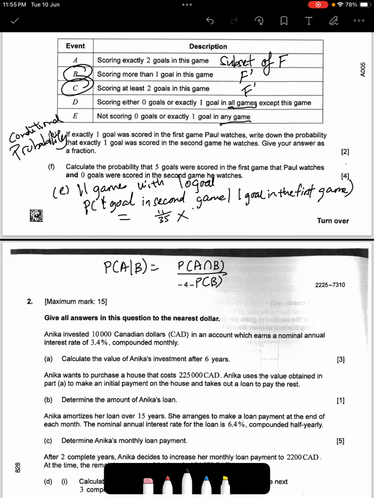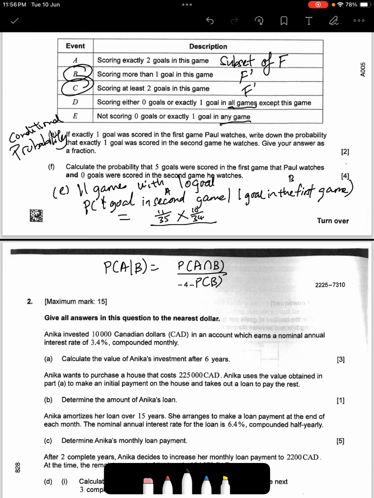Then I will multiply this by 10 divided by 34, because after watching the first game, I'm left with one game less. And I'm going to divide this whole thing by the denominator, which is the probability of B. So you can treat this like A and this like B.